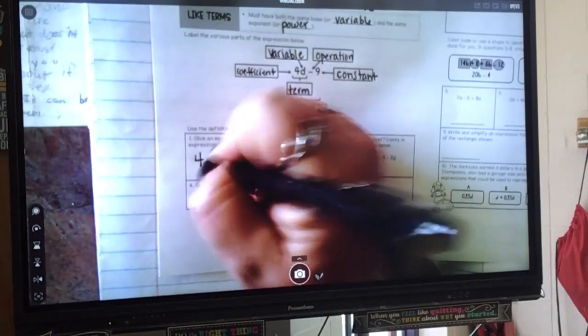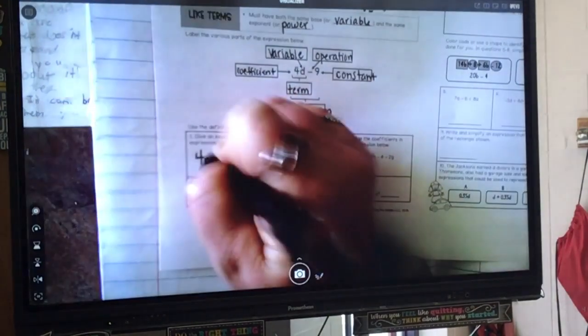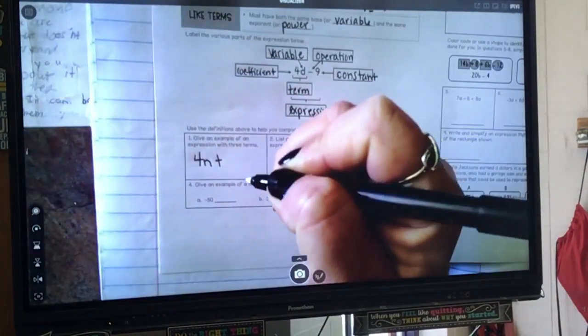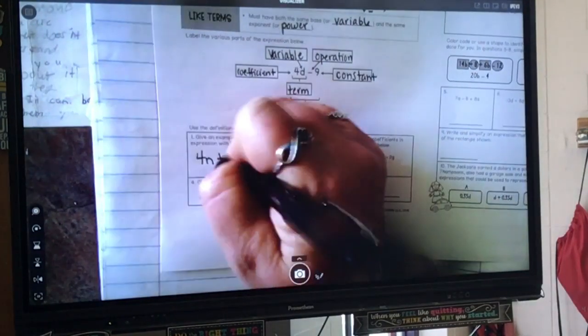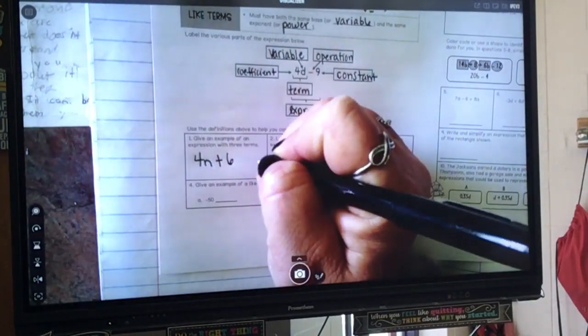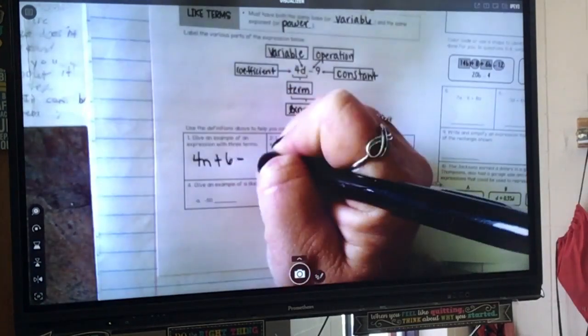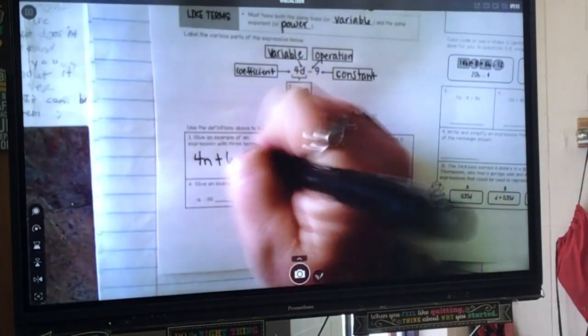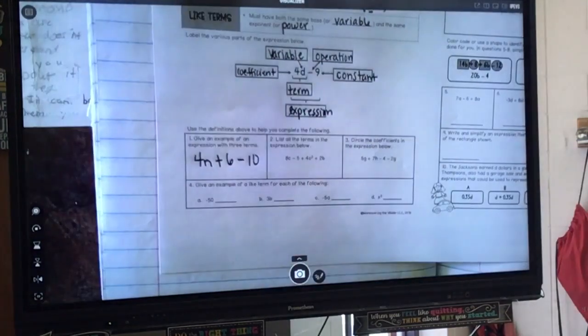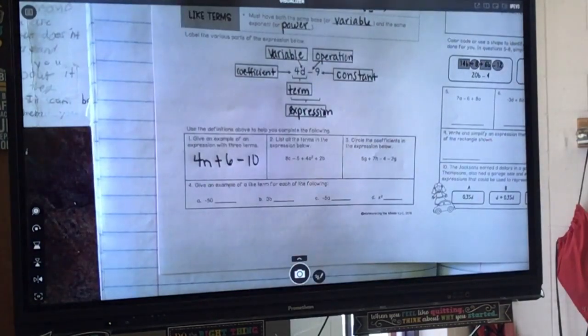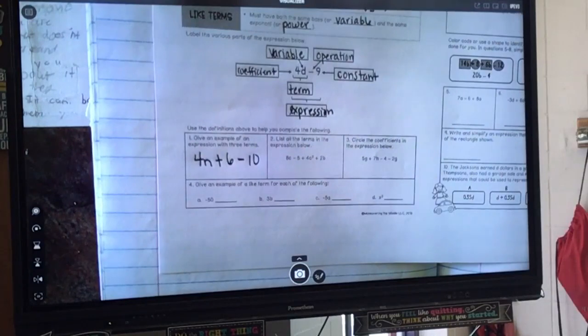Okay, 4N plus 6. Gotta have one more. Minus 10. 10, perfect. That's it. It's got three terms. It's got the operations separating, which are addition and subtraction.